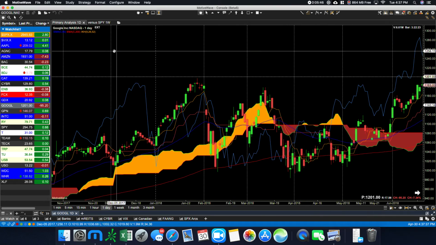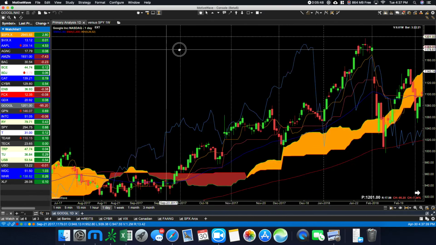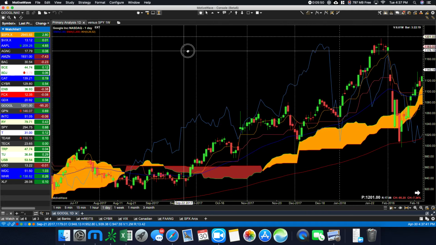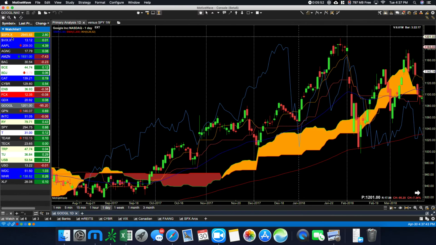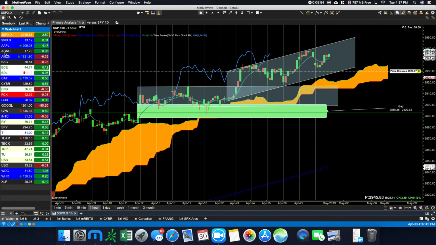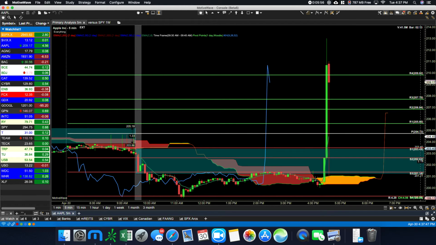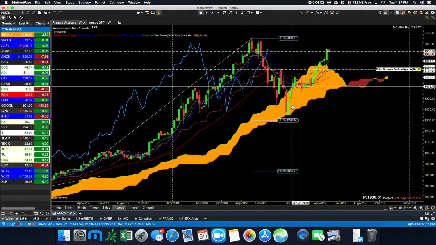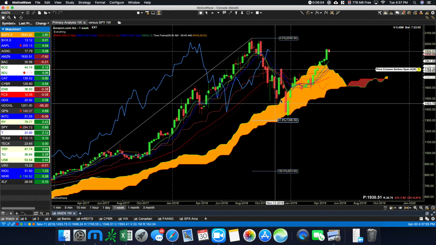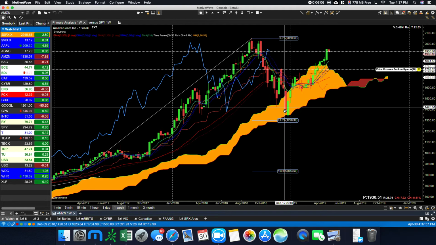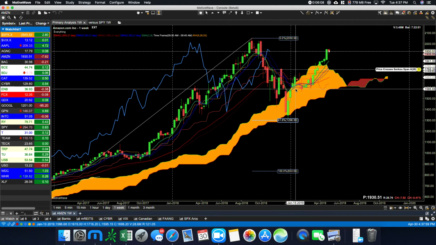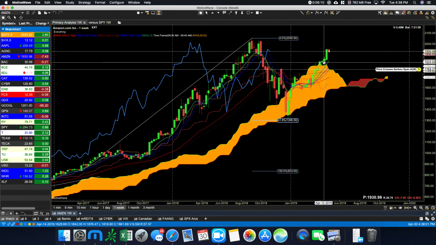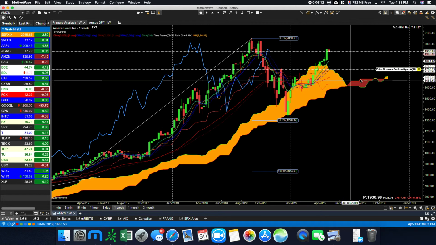I've not traded Google, so I don't know, but it's not good. I'm trying to look for a flat cloud similar to what the S&P had. Remember this, sorry, which stock? Oh, it was Amazon. Amazon showed this beautiful big yellow cloud, and we came down to test it, got support on the bottom of the cloud, played the top of the cloud, broke out, but you've got this red here.